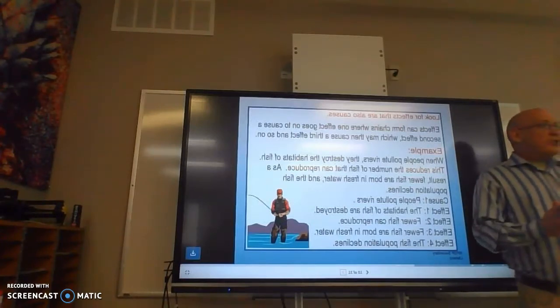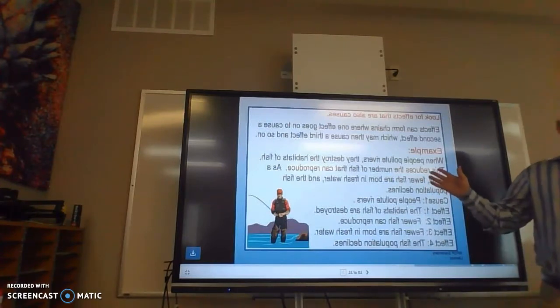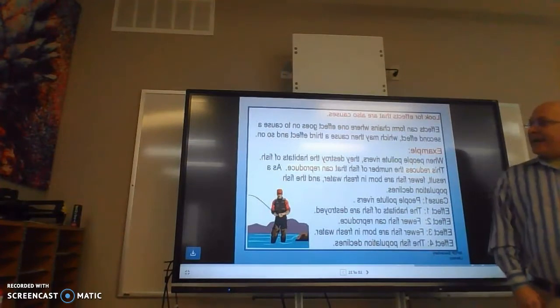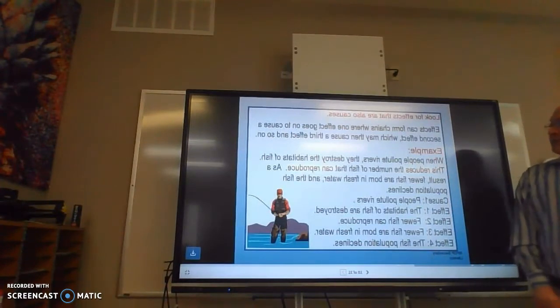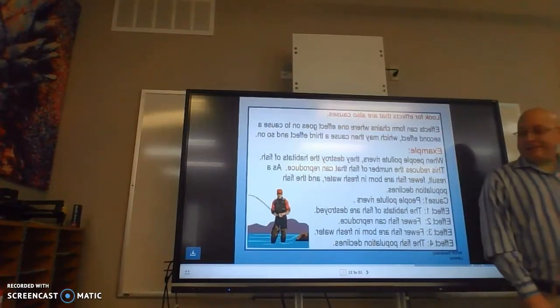So effects can form chains, like in this example. When people pollute rivers, they destroy habitats of fish. This reduces the numbers of fish that can be reproduced. As a result, fewer fish are born in fresh water and the population declines.